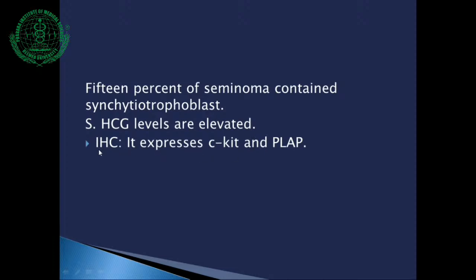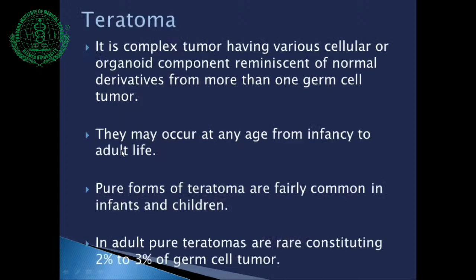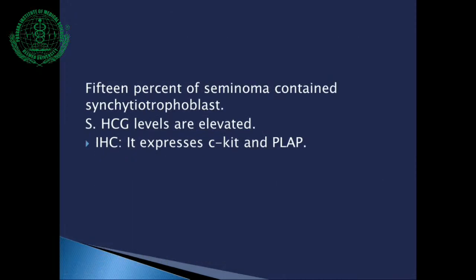IHC is a special technique, immunohistochemistry. The basic principle of this is an antigen-antibody reaction, and this reaction is identified by adding a chromogen, which gives color to the reaction if there is an antigen-antibody reaction.